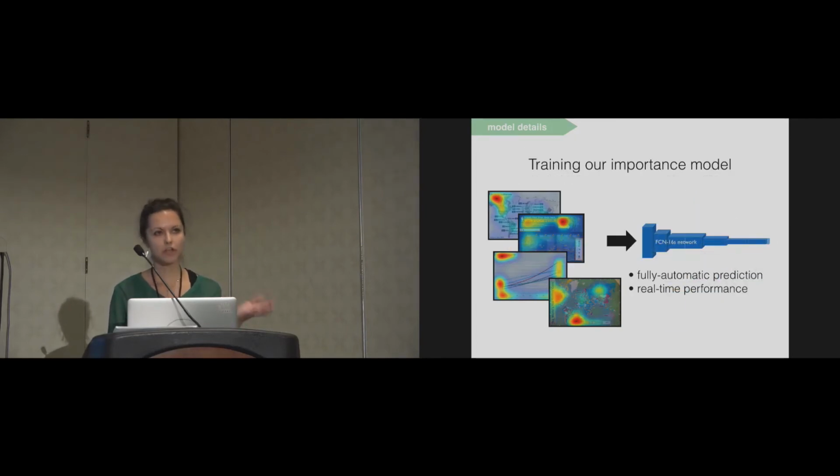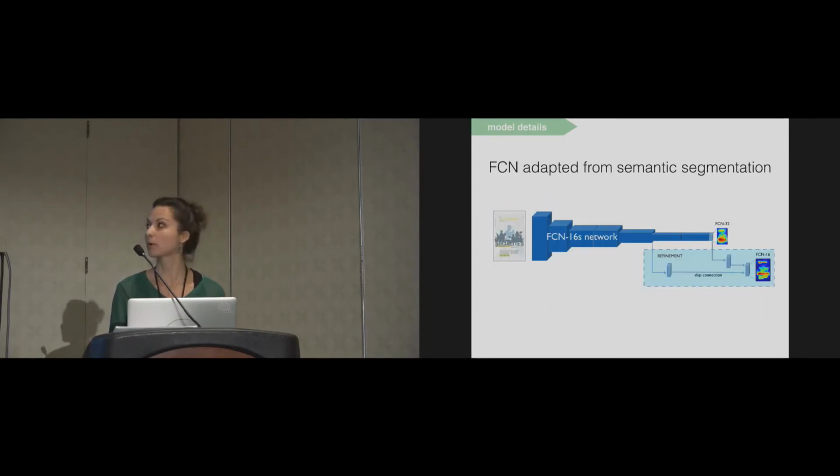And having all of that data, we sought a way to associate visual patterns with the final importance scores. And we wanted it to be the case that no additional information would be required. So you can just feed the bitmap designs in, no extra annotations, no vectorized data. And we wanted fast real-time performance so that we can build this into interactive tools. And neural networks fit both requirements, and that's why we ended up using them for this project.